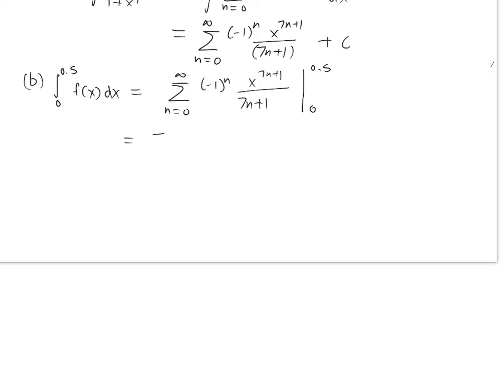All you have here is the sum from n equals 0 to infinity, negative 1 to the n, 0.5 to the 7n plus 1 over 7n plus 1. So that infinite sum gives you the value of this definite integral.